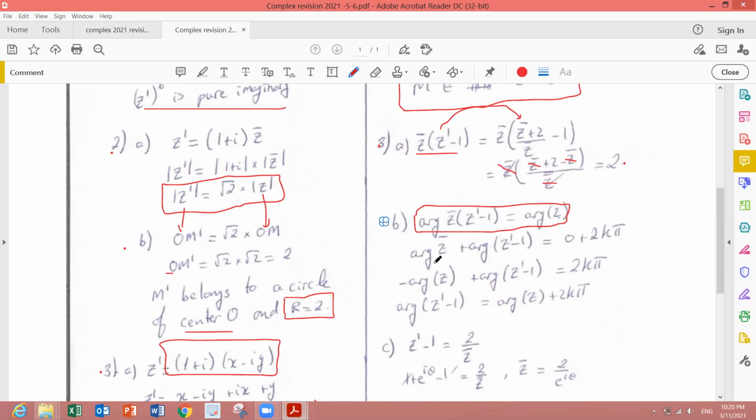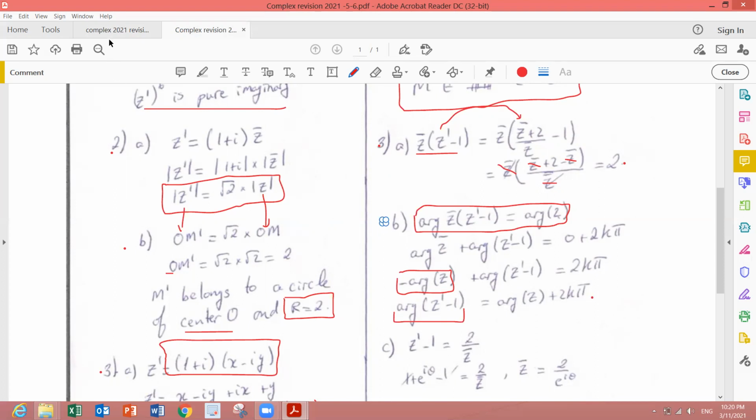Argument of Z bar as a rule is minus argument of Z, plus argument of Z prime minus 1 equals 2k pi. So argument of Z prime minus 1 equals argument of Z plus 2k pi.